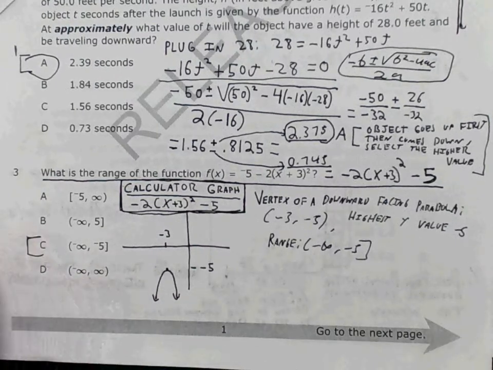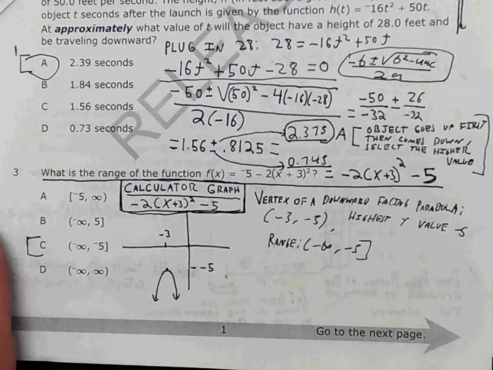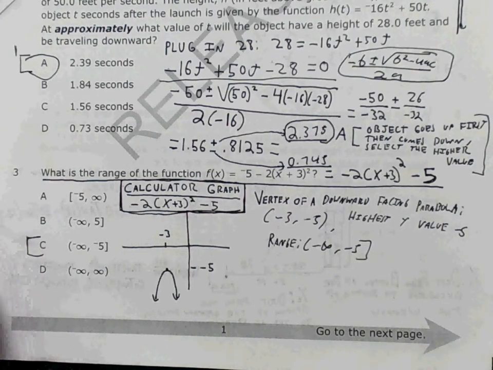Number 3 says, what is the range of the function f of x equals negative 5 minus 2 times x plus 3 squared? And I just rewrote that as negative 2 times x plus 3 squared minus 5. And you guys just need to know about parabolas from our conics unit.